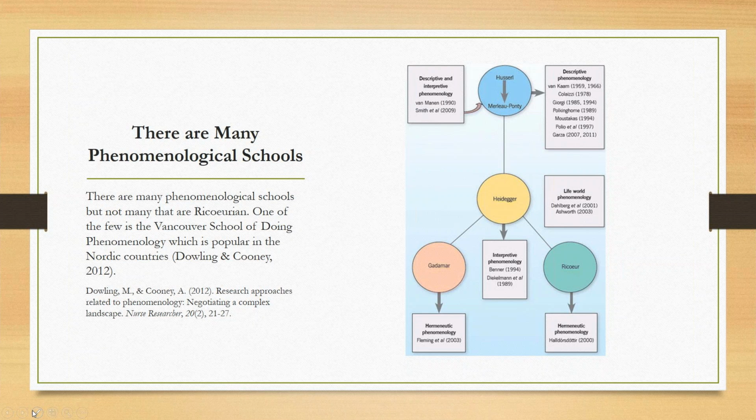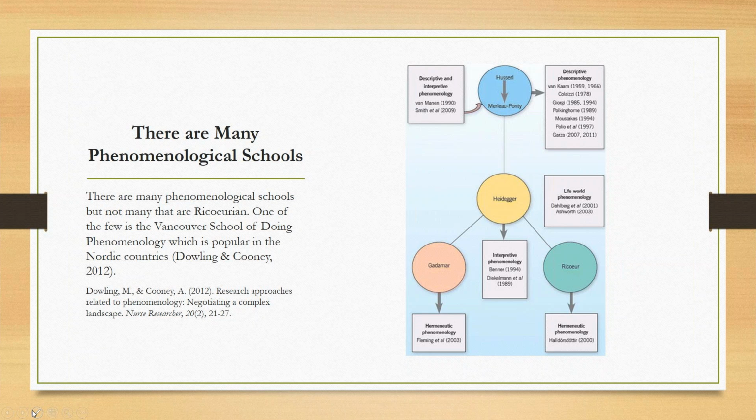Now, Heidegger is the successor of Husserl, and then Gadamer, whom I like very much, it's fun to read his text. And Ricoeur, whom I like even better. He's understandable, and it's good to read his text.